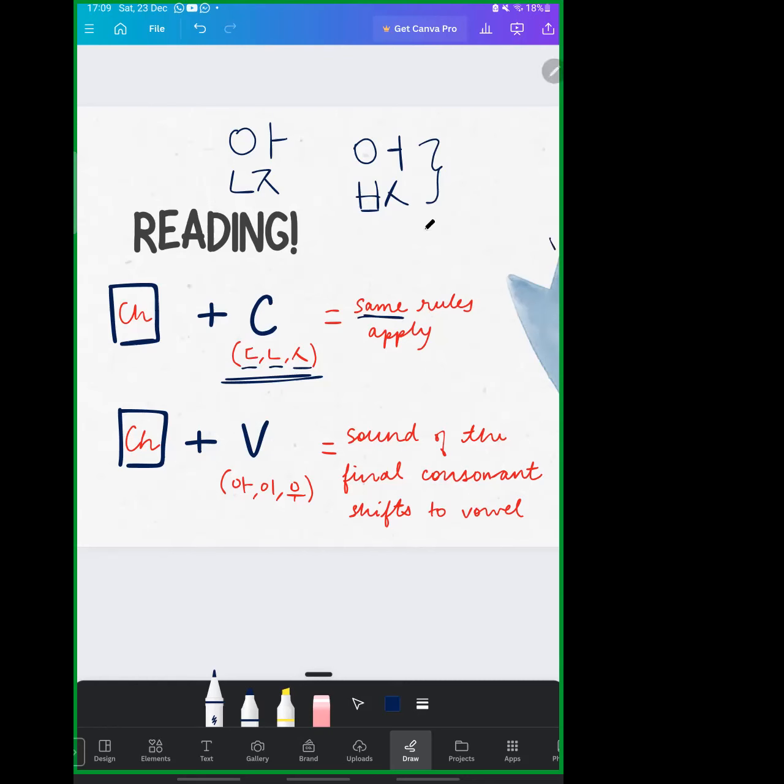So this rule that I told you before, this will be pronounced as an.